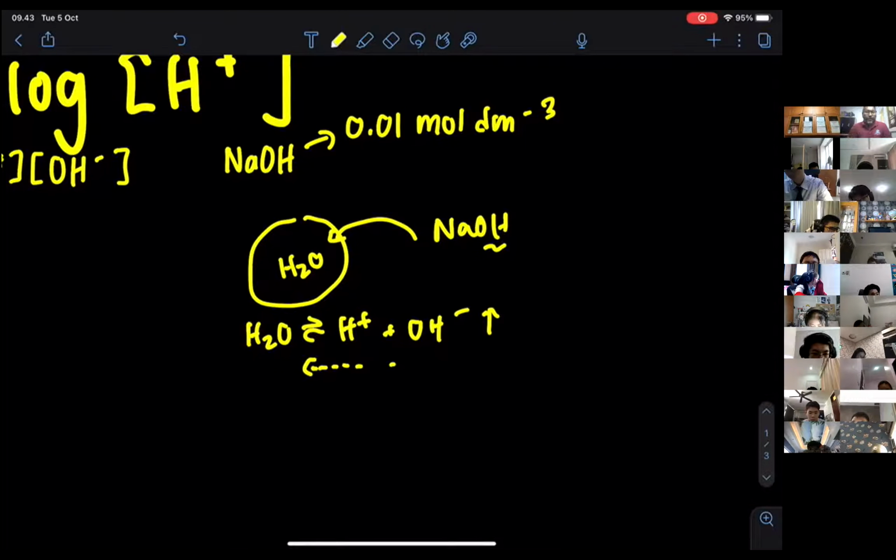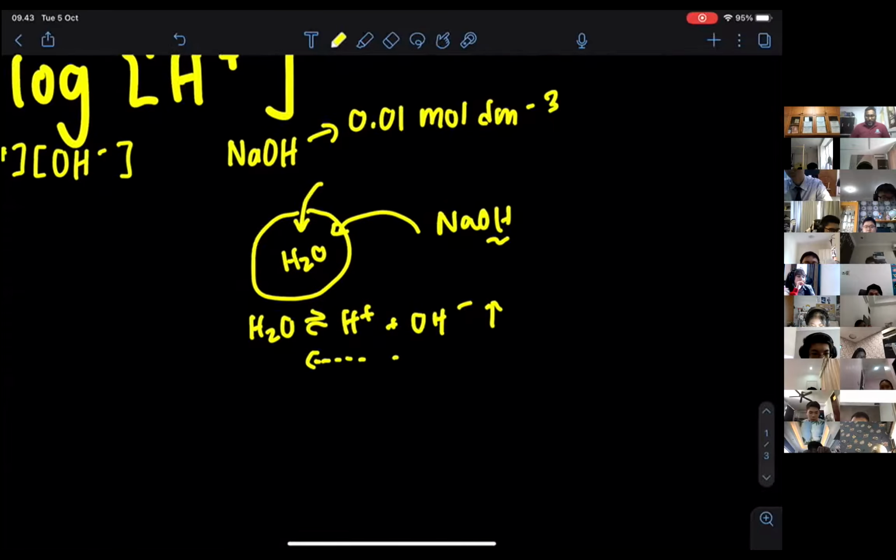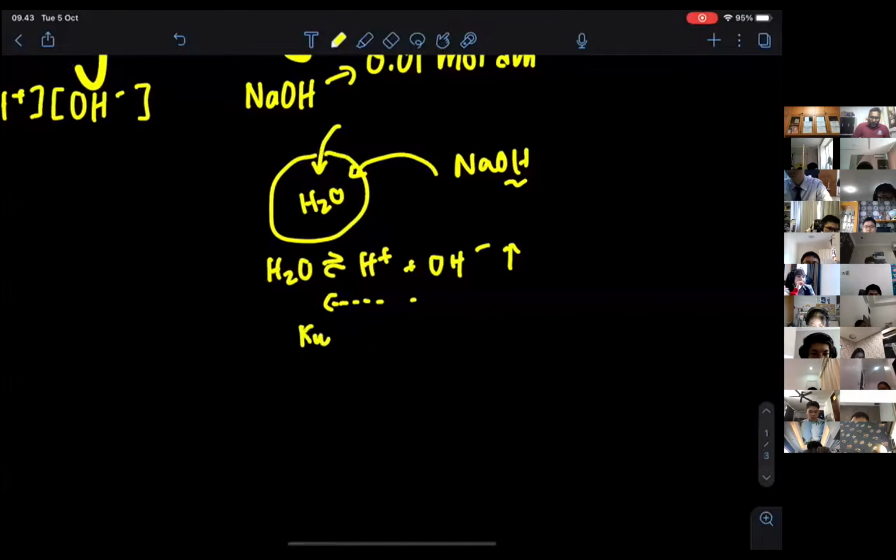Kw or Kc will change only when you increase or decrease the temperature. So because the Kw remains the same, you can just use [H+] times [OH-].